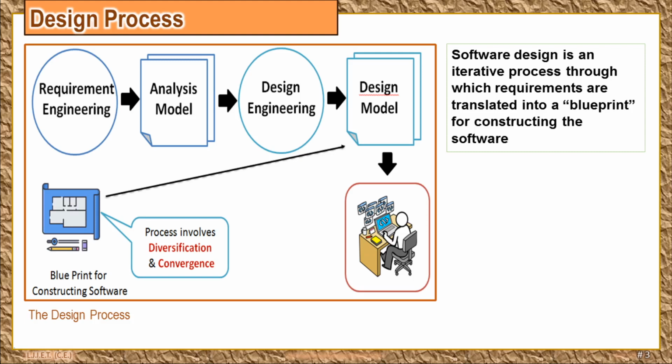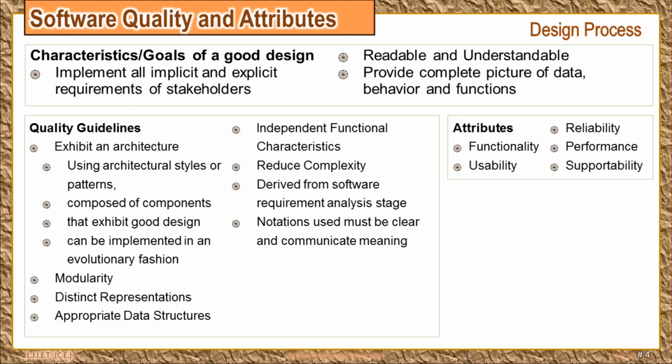As design iterations occur, subsequent refinement leads to design representations at a much lower level of abstraction. Now let us move on to software attributes and software qualities.